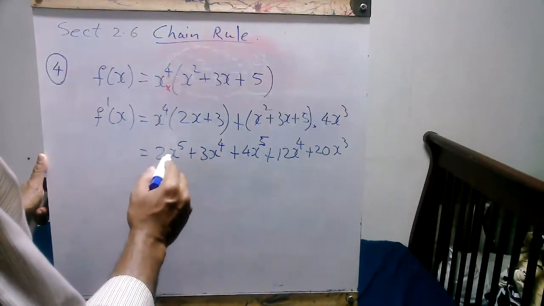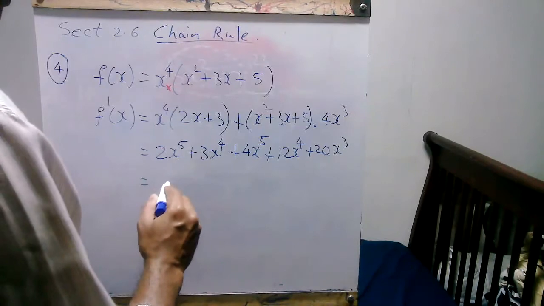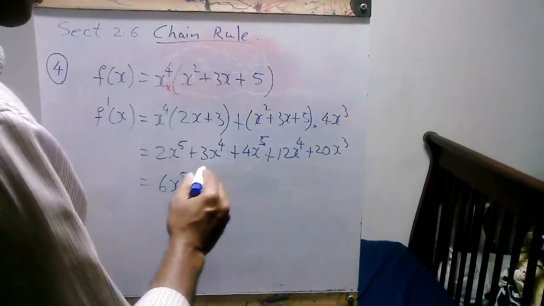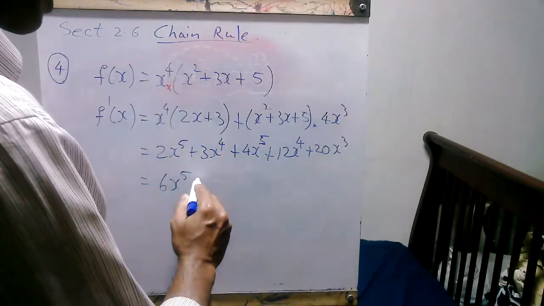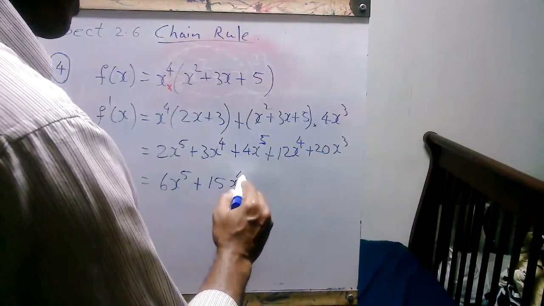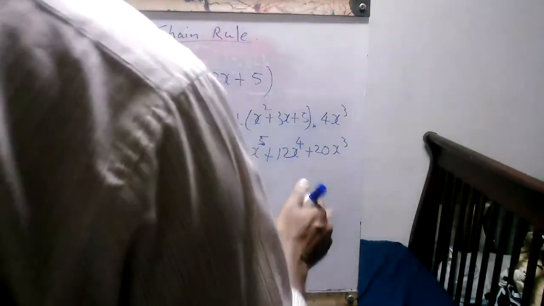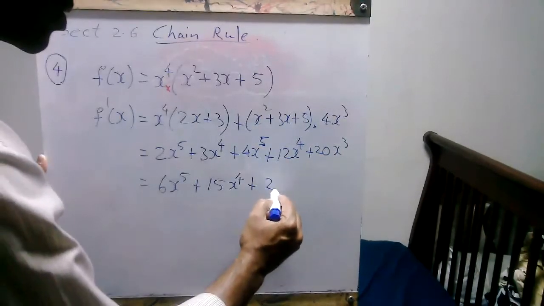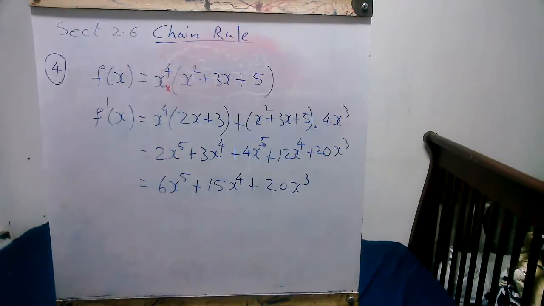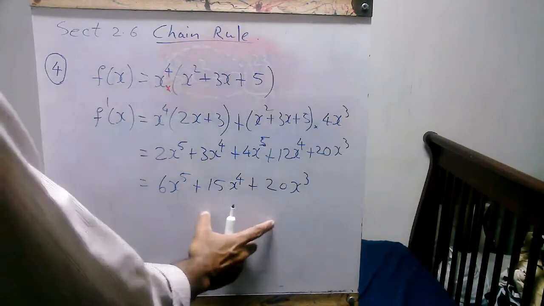Combining like terms, we get this and this, 2 and 4, 6x to the 5, this and this, 3 and 12 is 15, 15x to the power 4, plus 20x cubed, right? Get it? That's the answer to this question.